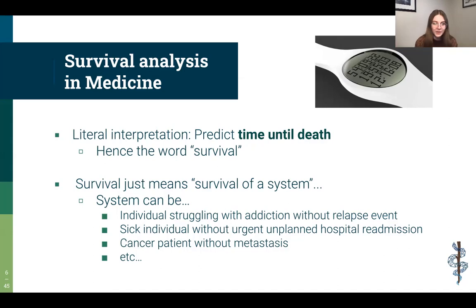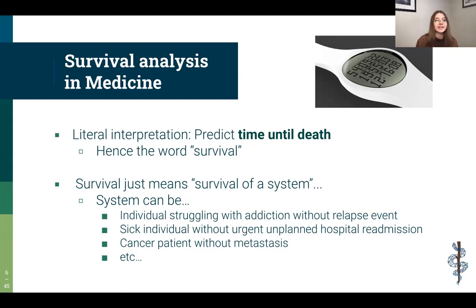But beyond this, survival really can just mean survival of a system. And a system can be, for example, an individual that is struggling with addiction that has not experienced some kind of relapse event. So the survival of a system would be to continue without a relapse event. And if a relapse event did happen, that would be the death of the system, right?